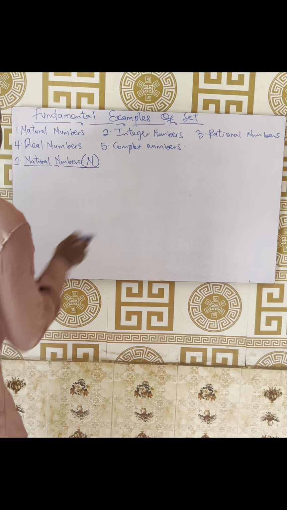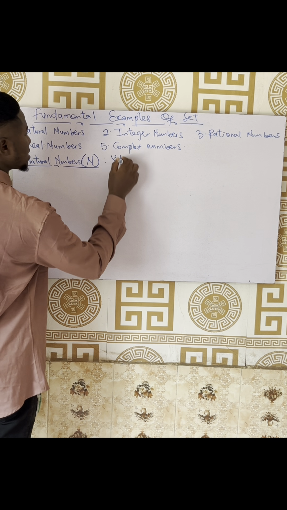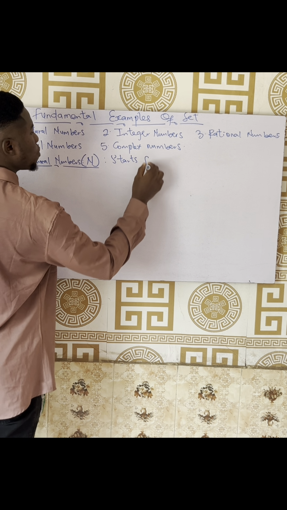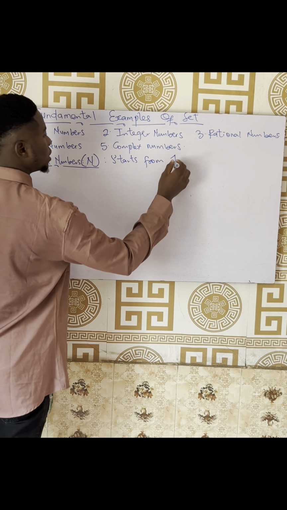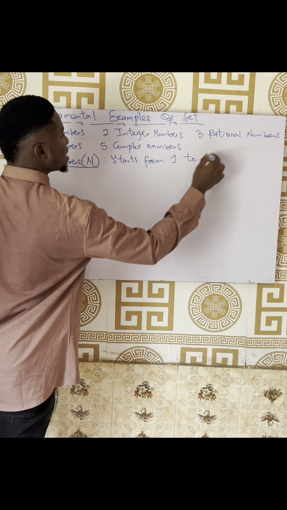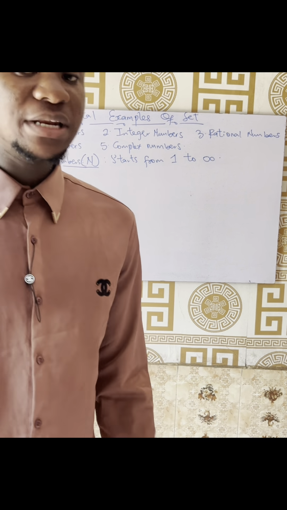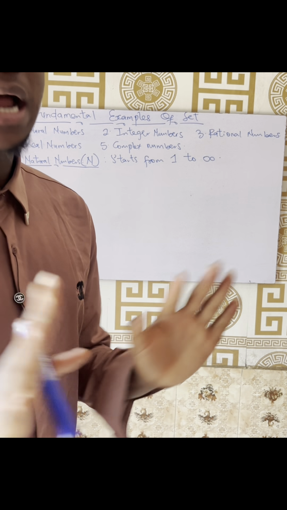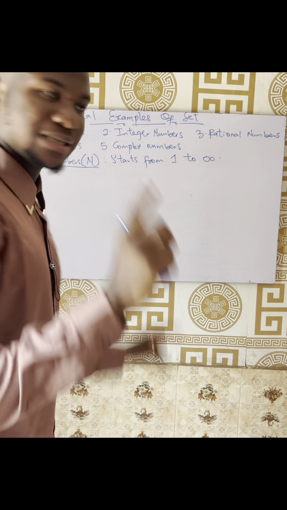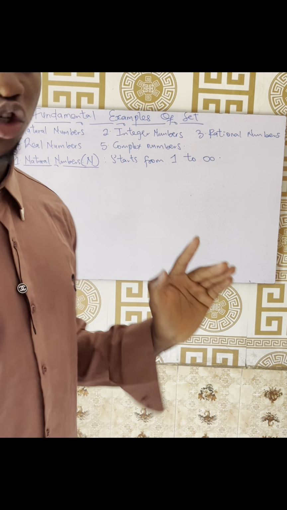So any number from 1 to infinity can be referred to as natural numbers. So 0 is not a natural number.